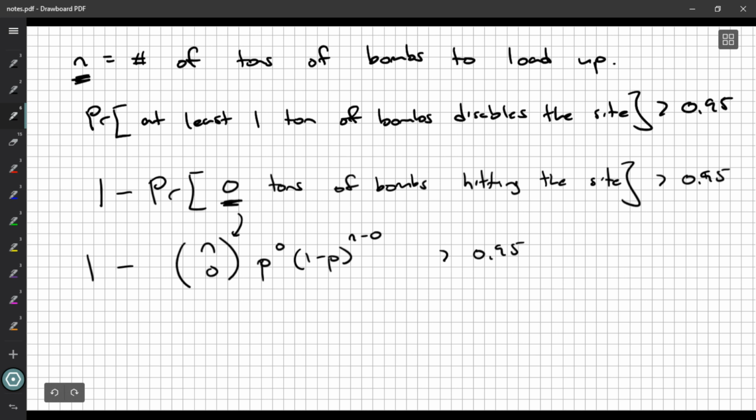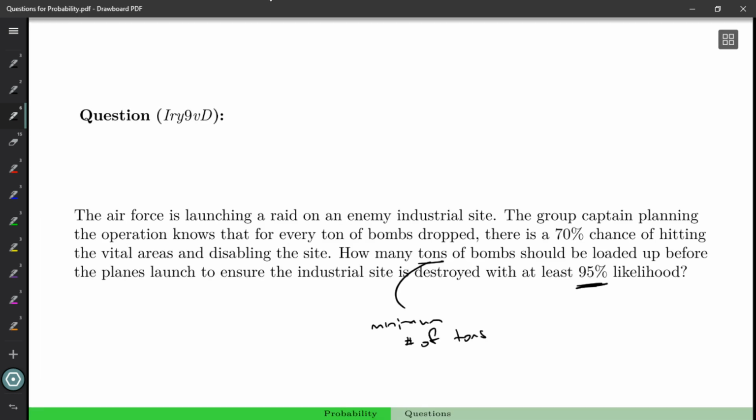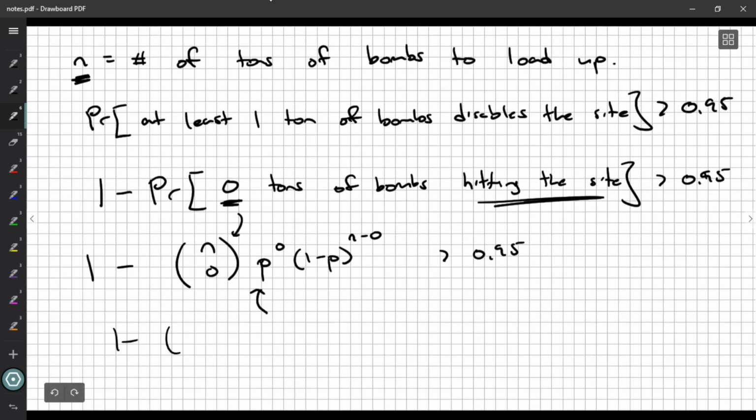So that's great. Now we still have our unknown n that we're trying to solve for. We want the minimum value of n that makes this true. What's p? Well, p is the bombs successfully disabling the site. And they say in the question, 70% chance of hitting the vital areas, disabling the site. So p here is going to be 0.7.